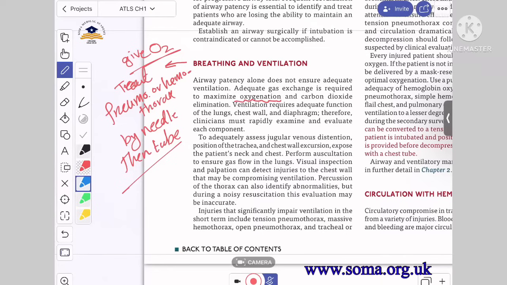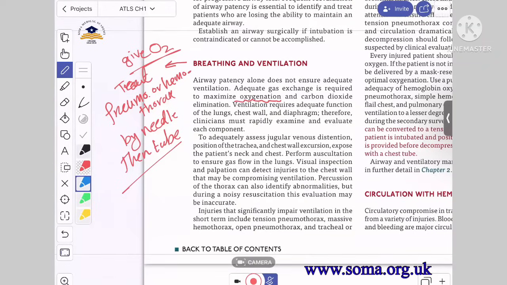Where to put a needle? We will discuss this later on. But it is in the safe triangle, the same triangle as the chest tube. Previously, it was the second intercostal space, but this was changed in the new ATLS to the safe triangle of the chest tube, except in children.